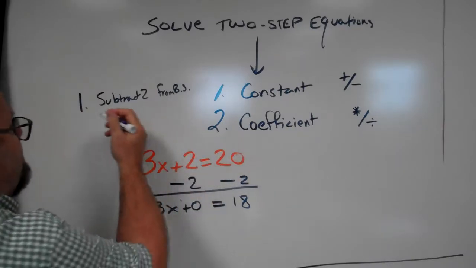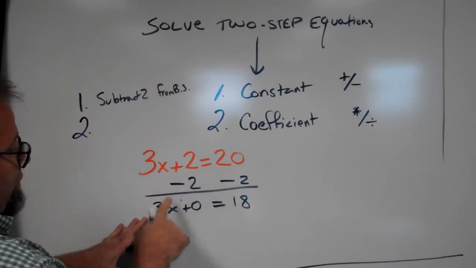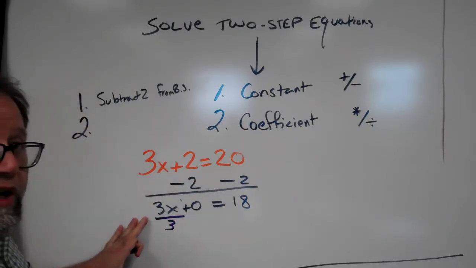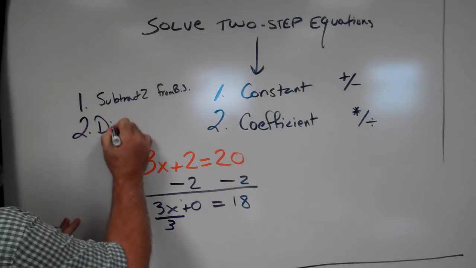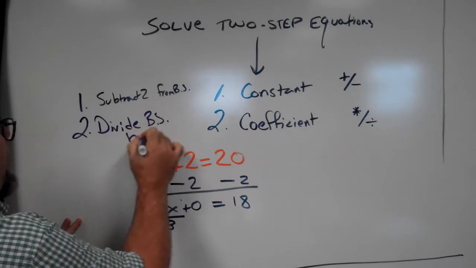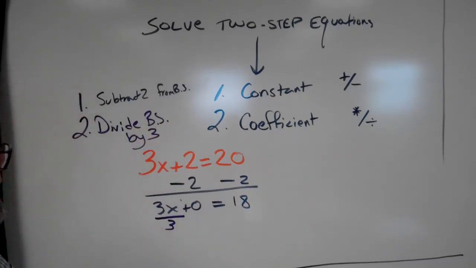And then we're going to go to part 2 here. I needed to divide off that 3. So I'm going to divide both sides by 3. And I'm hoping the color can help you differentiate where I'm at on the page.